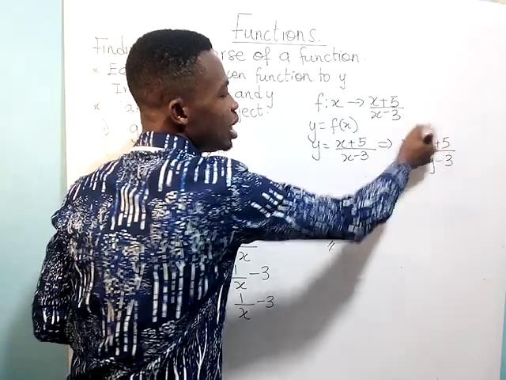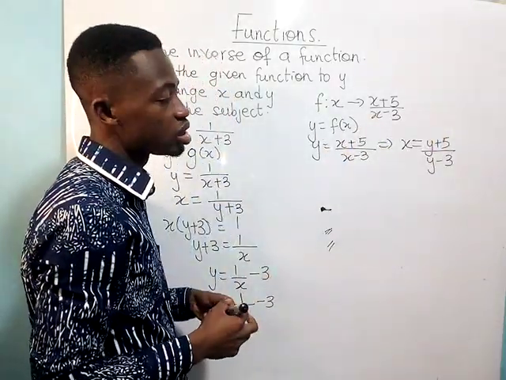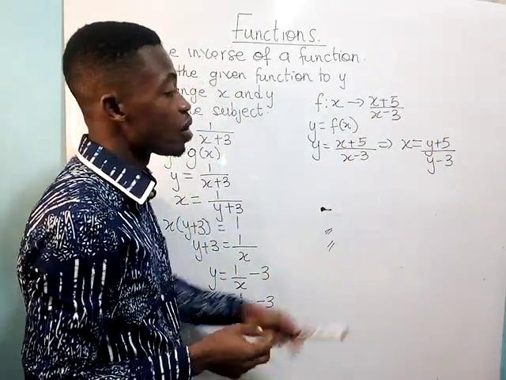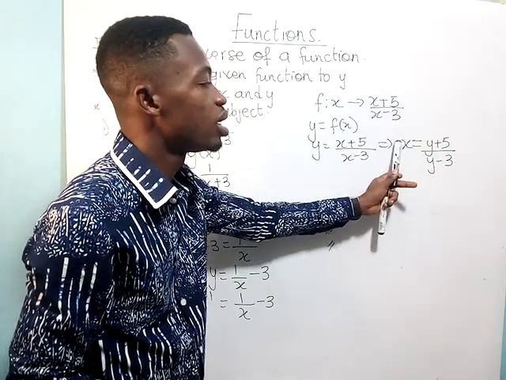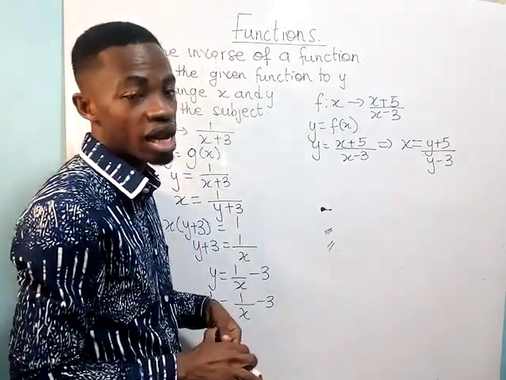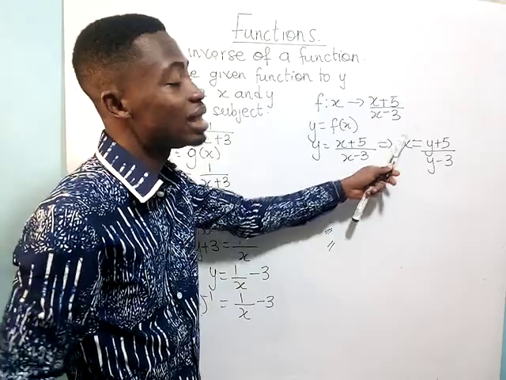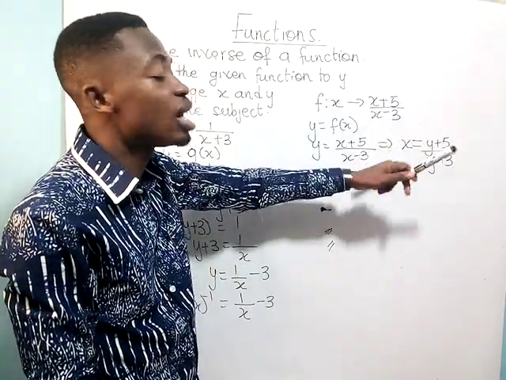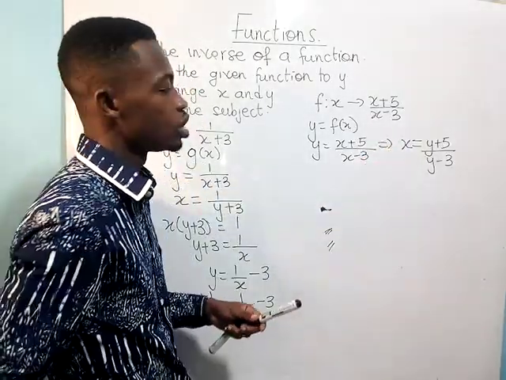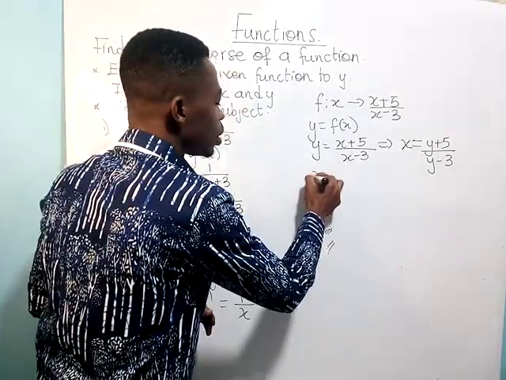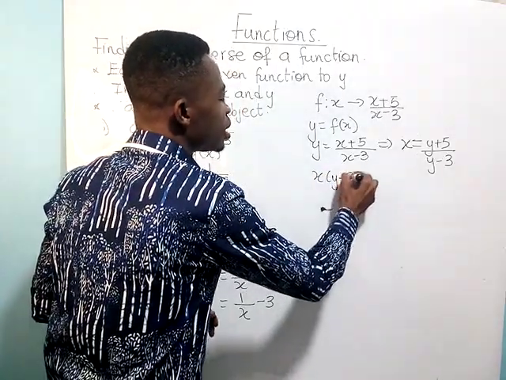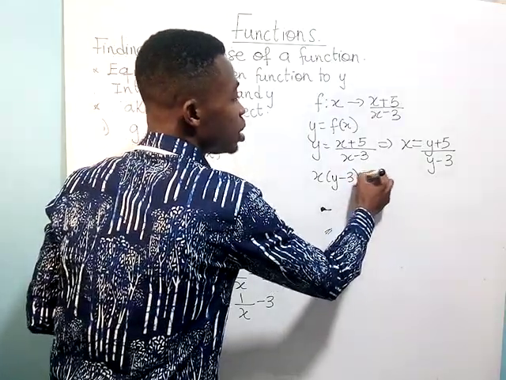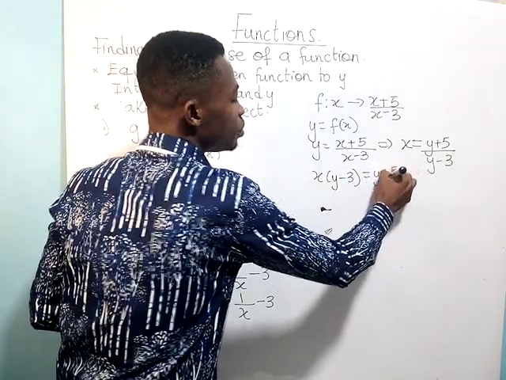So since it's a linear equation involving fractions, we cross multiply. So here x will multiply y, x will multiply negative 3. And the reason is that we have just one term on both sides of the equal sign. So our x multiplies y minus 3, which is equal to y plus 5.